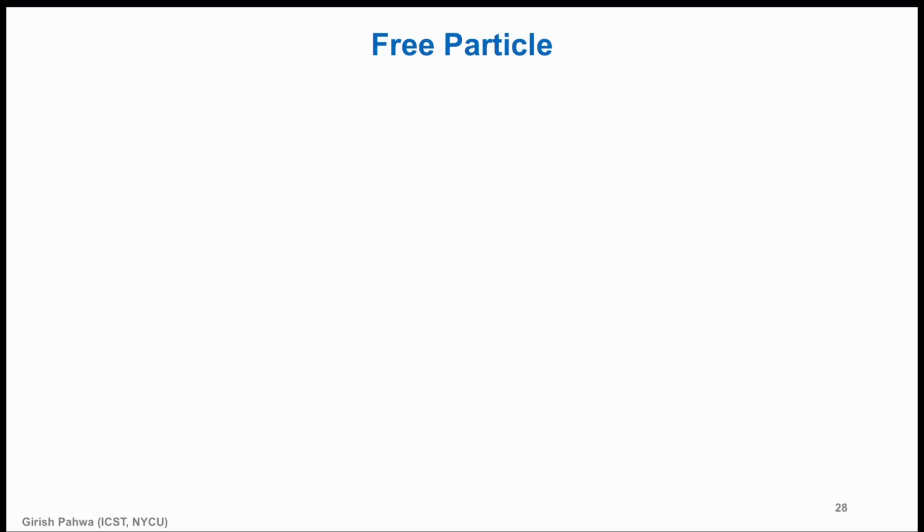Easiest one, let's talk about a free particle. What do I mean by free particle? Free particle means this particle is not under the influence of any force. Force is basically zero. If my force is zero, what will happen to the potential energy?